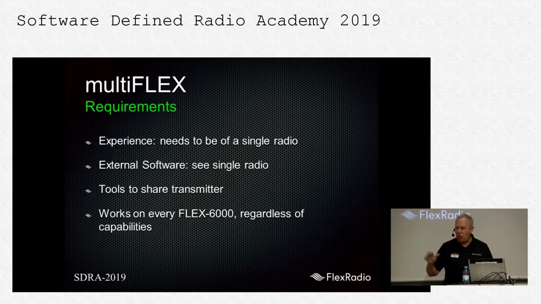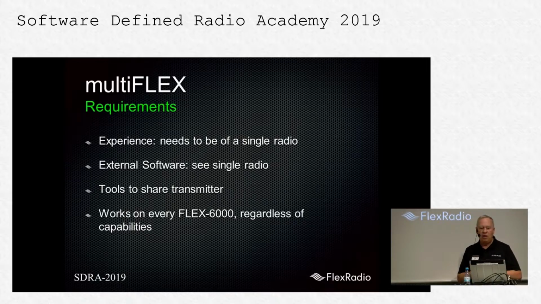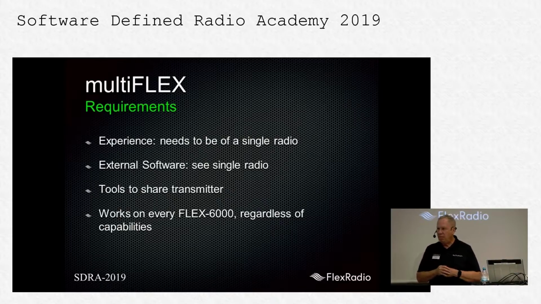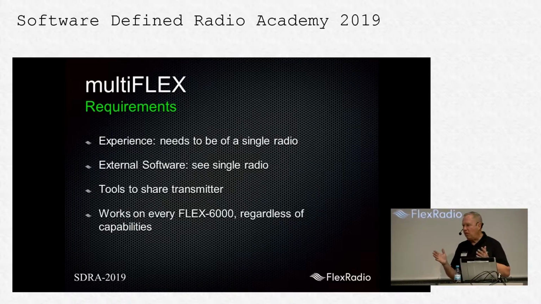The external software needs to think it is working on a single radio. So you may have 2 users, both thinking they are on a single radio, and we also have to have tools to be able to share the transmitter. I'll give you examples of use cases for those. And this technology works on every Flex 6000 series radio, regardless of the model.